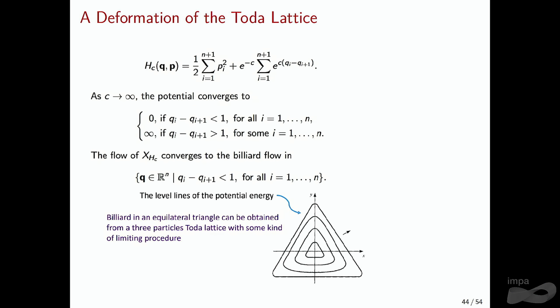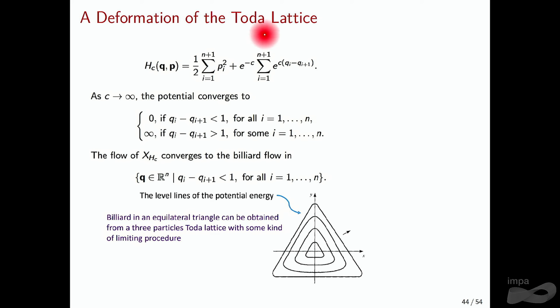Okay, and there are a lot of slightly technical details here, but roughly speaking, it's not the actual Toda lattice system that we need to use, but some sort of a deformation of the Toda lattice model. You see this parameter e to the minus c here, and if you take c to the limit, then this is just the part of the Hamiltonian which controls the straight motion inside the domain.